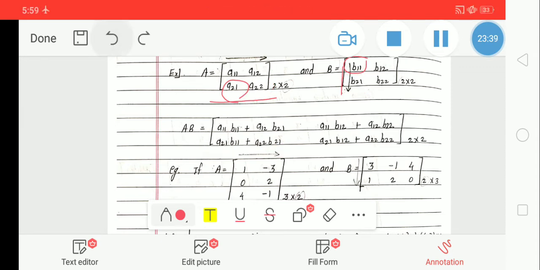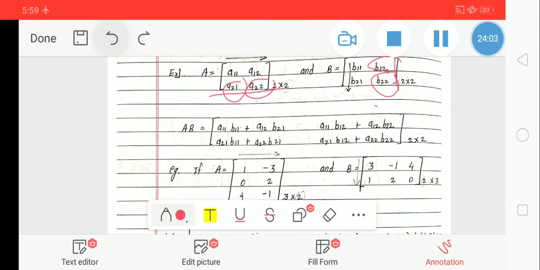Then we take another, the second row and second column. A21 multiply by B12 plus A22 multiply by B22 right here.